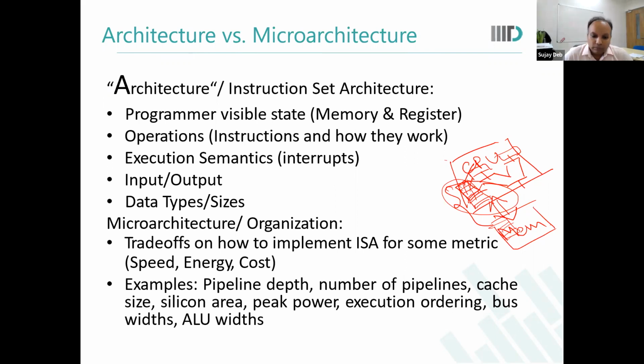Now let's say some vendor takes this challenge and comes and says, okay, I'll build this mess. Now the task of microarchitecture starts. While the vendor starts building the mess, he will have several options, different trade-offs available to him.